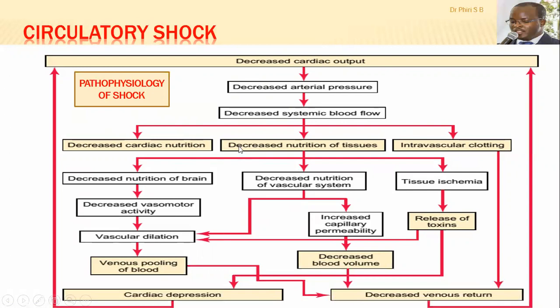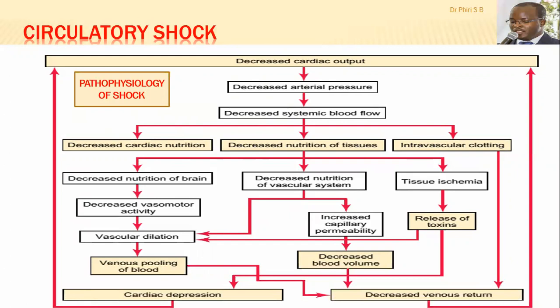At the same time, you're going to have decreased nutrition of the tissue, and also you're going to have intravascular clotting. You can have DIC, disseminated intravascular coagulopathy, whereby you can have blood clotting taking place in most of these blood vessels.